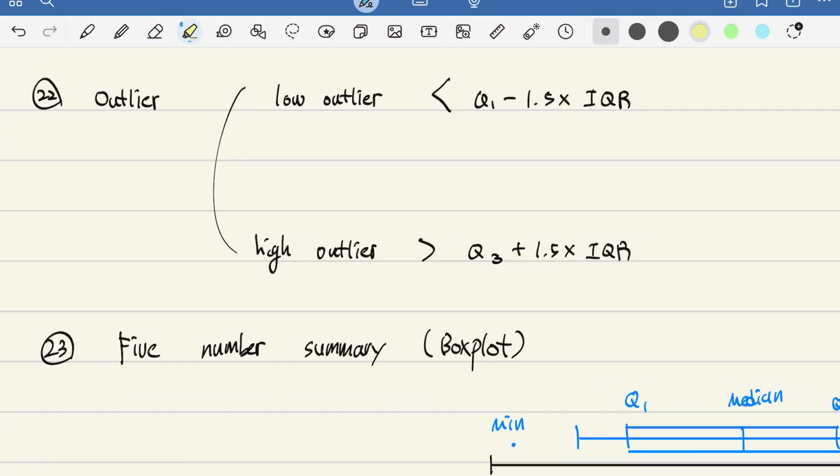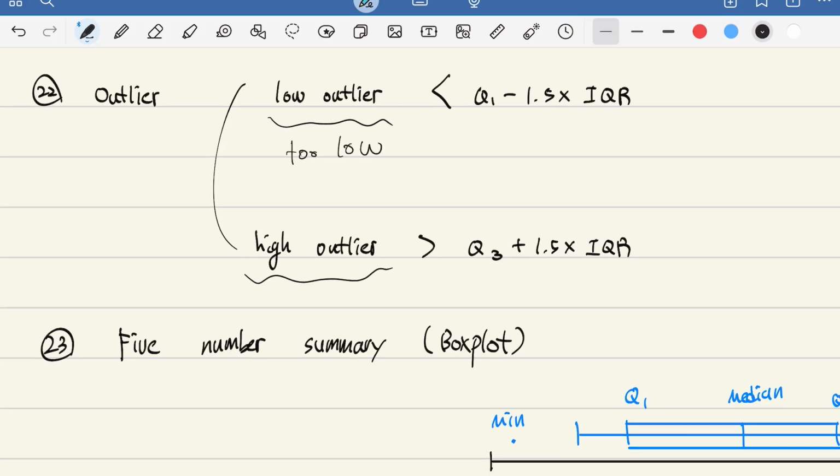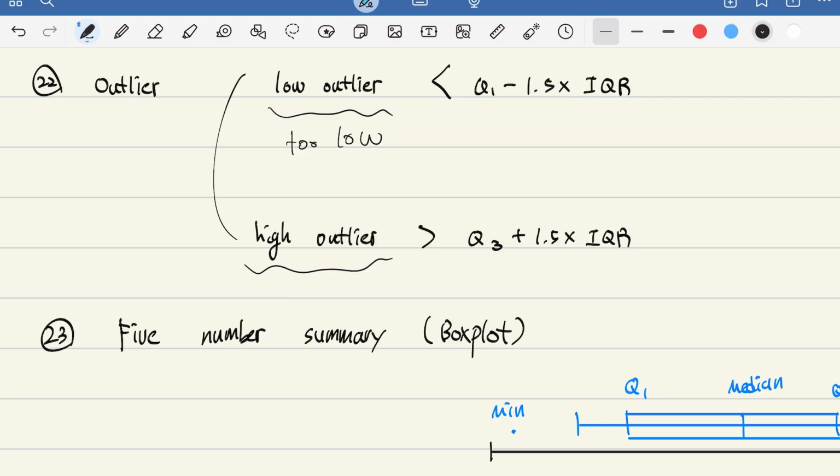Now let's go a little deeper into outliers. Outliers are irregular data values that we find in our dataset. There's a low outlier and a high outlier. A low outlier is a value that's just too low, and a high outlier is just too high.